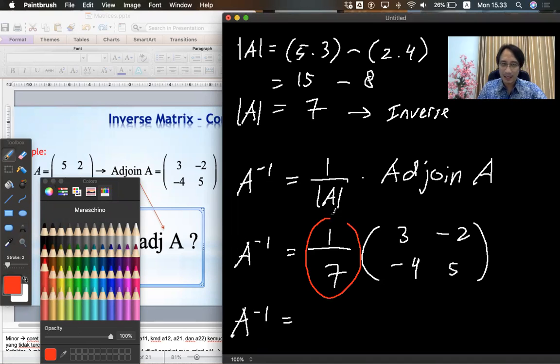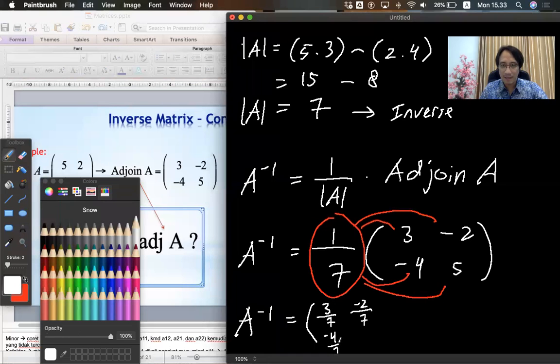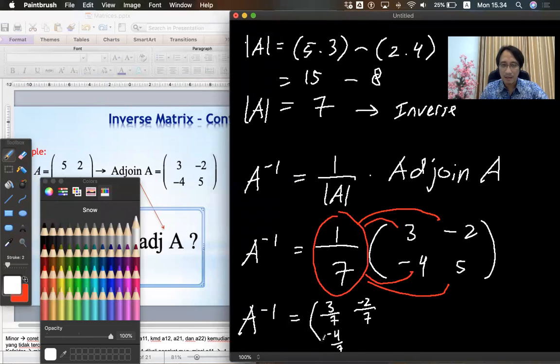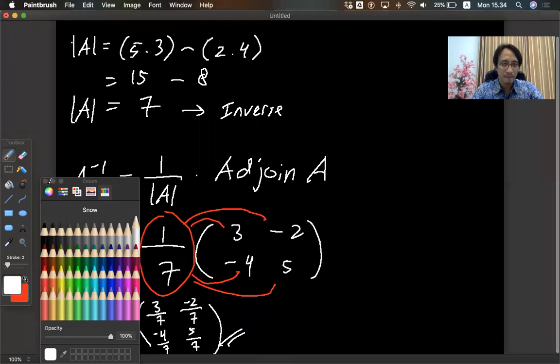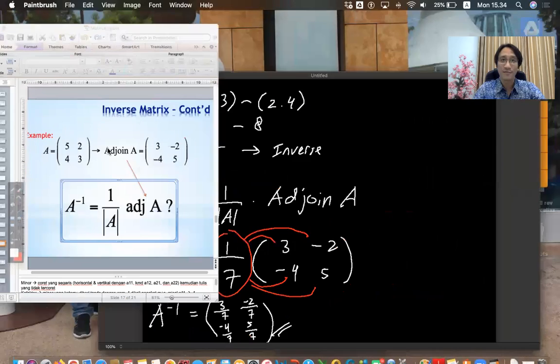So the result will be 3 over 7, minus 2 over 7, minus 4 over 7, and 5 over 7. This is the A inverse matrix.